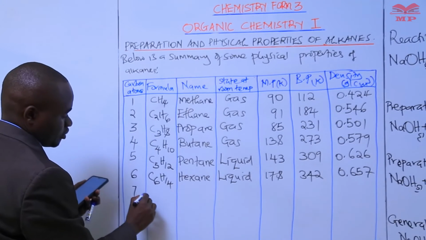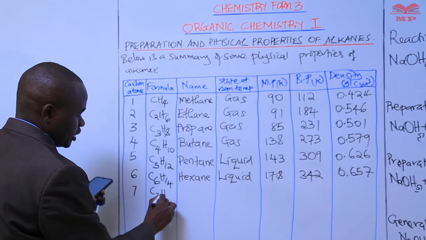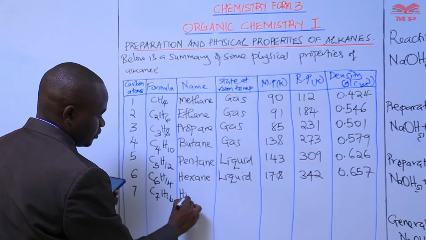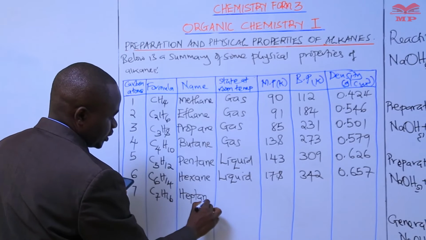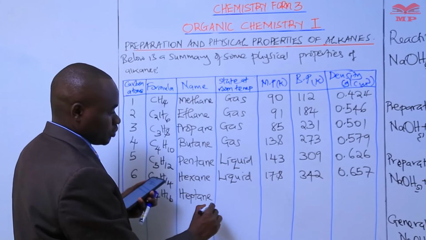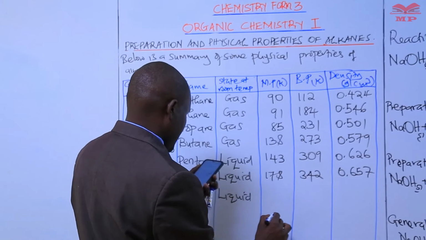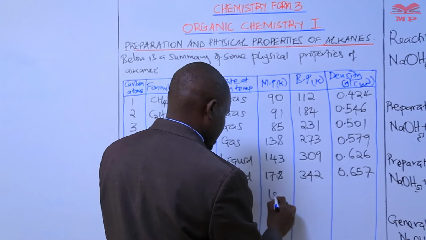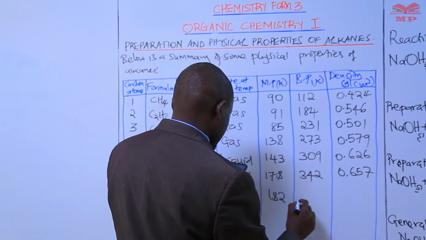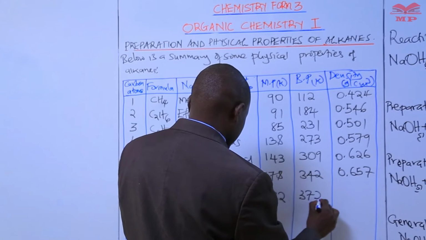Carbon atoms 7, formula C7H16, the name is heptane. I believe by now we know. State at room temperature, liquid, melting point 182 Kelvin, boiling point 372, density 0.684.